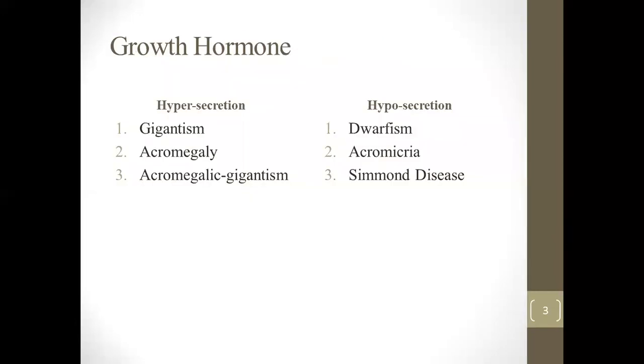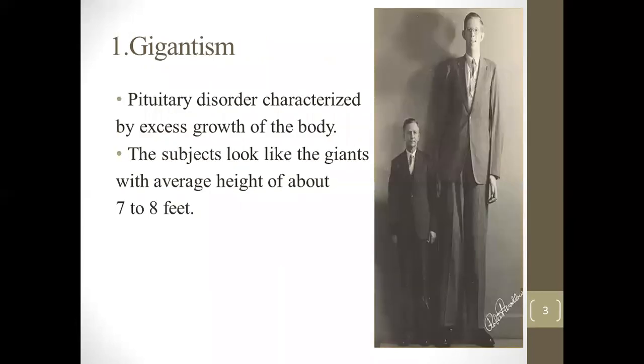Growth hormone. The hypersecretion of growth hormone will cause gigantism, acromegaly, and acromegalic gigantism. And the hyposecretion will cause dwarfism, acromicria, and Simmonds disease. Gigantism is basically a pituitary disorder caused by excessive growth of the body.